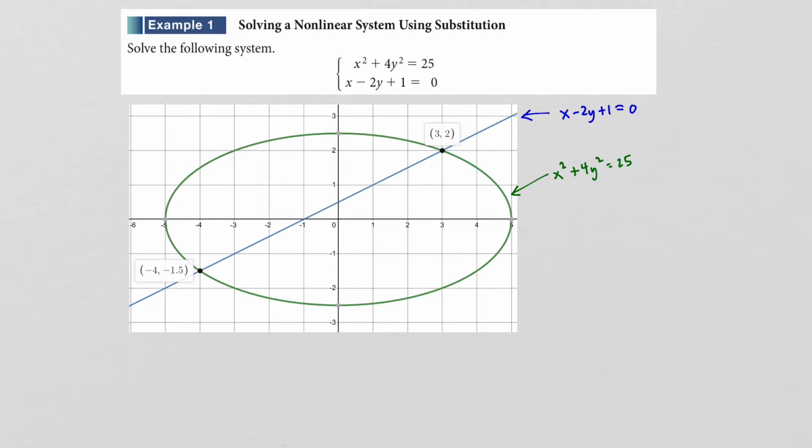And you'll notice that these two graphs intersect at this point here, which has coordinates 3, 2, and also this point here, which has coordinates -4, -1.5. And just for clarity, this is the same as -4, -3 divided by 2. So we can see that the line intersects what we call here an ellipse in two places. So there are two solutions to this system.